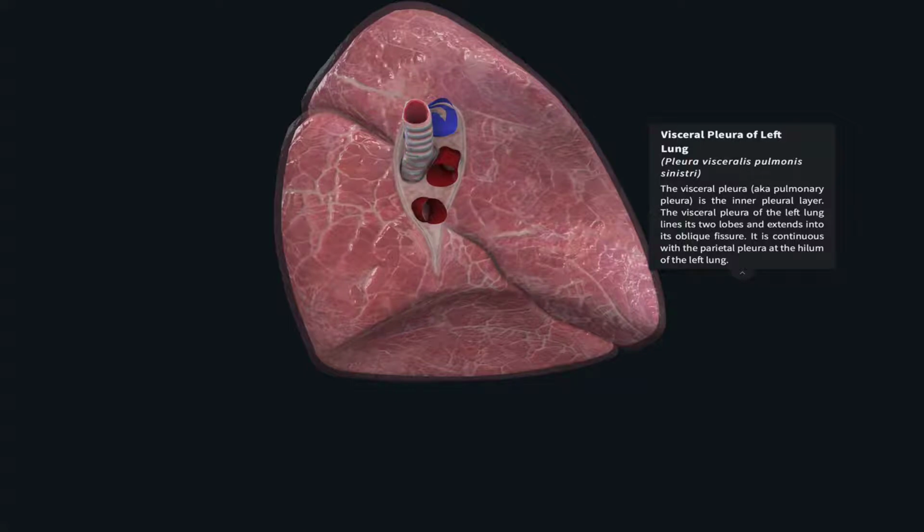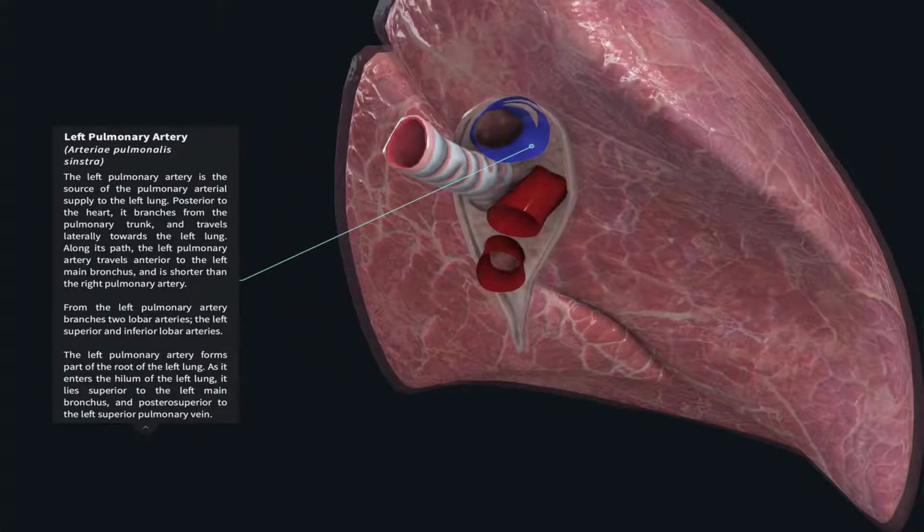So left superior is referring to the left pulmonary artery. The pulmonary artery on the left lung will be located superior or above the main or primary bronchus as it's coming into the left lung.